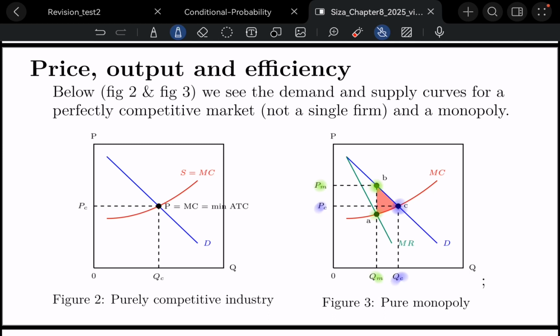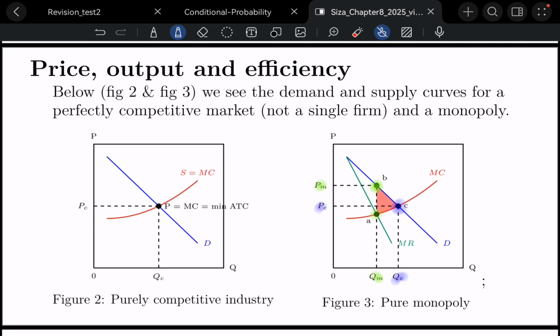Remember, we talked about consumer surplus and producer surplus in previous chapters, and that red triangle was supposed to be producer surplus and consumer surplus. But now, because they're producing at point B, that red area goes to no one.